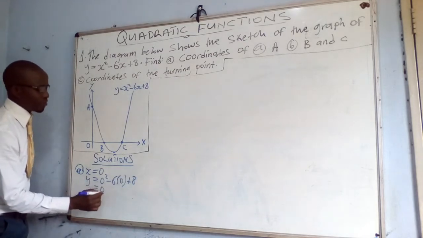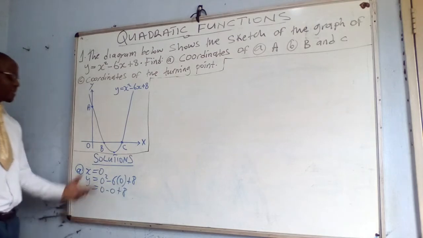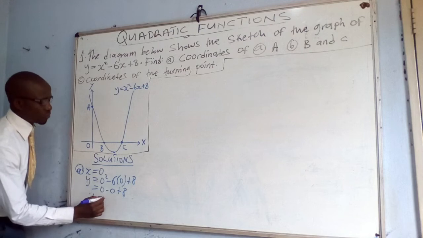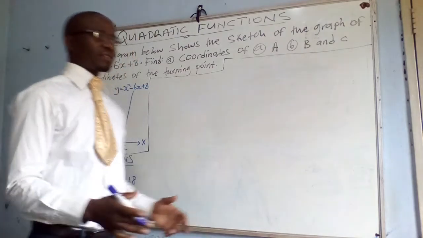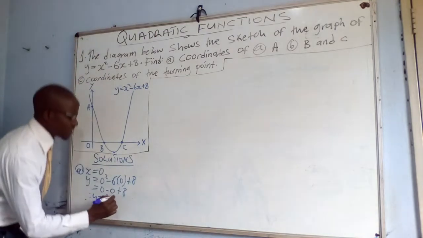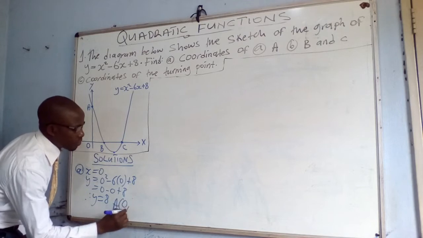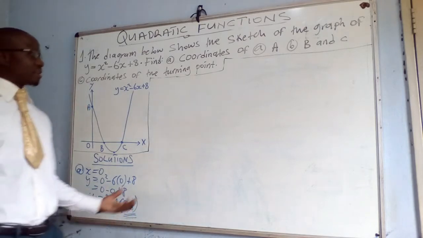This will give you 0. That will still be 0, then plus 8. And in this case, y is going to just be equal to 8. Y is equal to 8, x is equal to 0. The coordinate comes out as x comma y. So 0 comma 8. That's our first answer, and it's as simple as that.